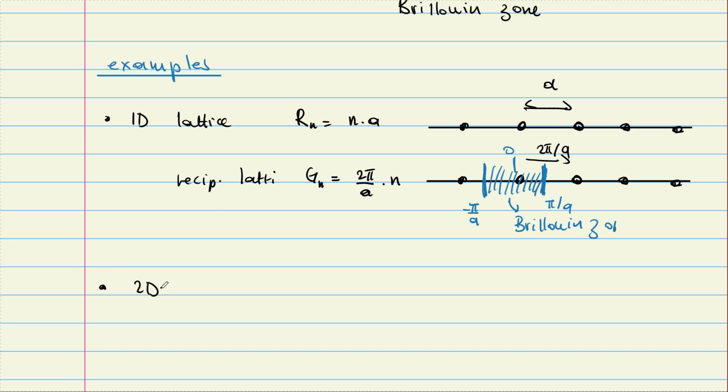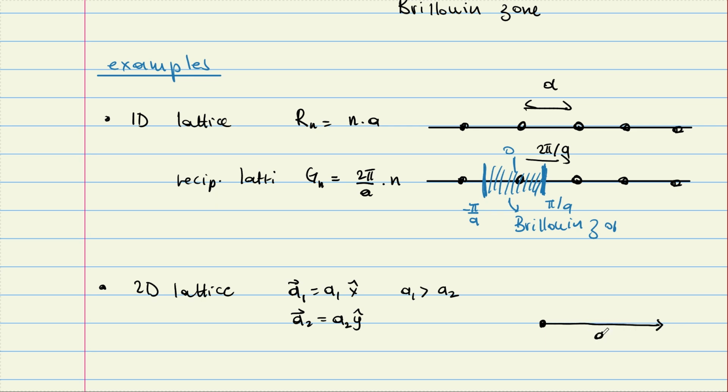Let's consider a 2D lattice with primitive vectors. Let's take a1 equal to a1 times x hat, and a2 equal to a2 times y hat. For generality, let's take a1 to be unequal to a2. Actually, let's assume a1 is bigger than a2. Then what we are going to see is, here is the central site.